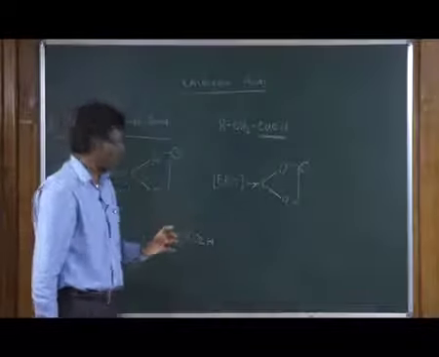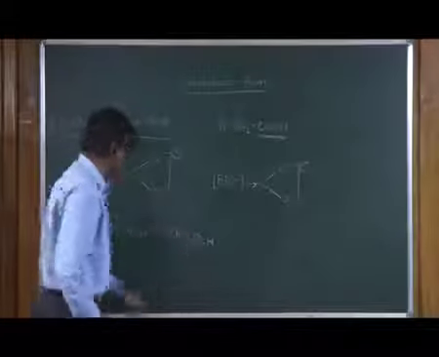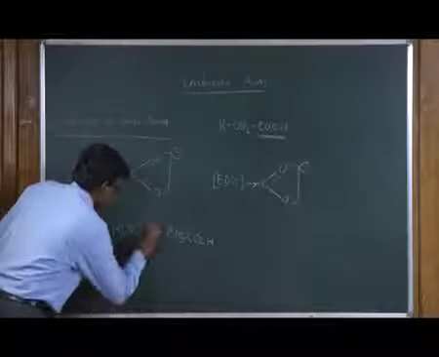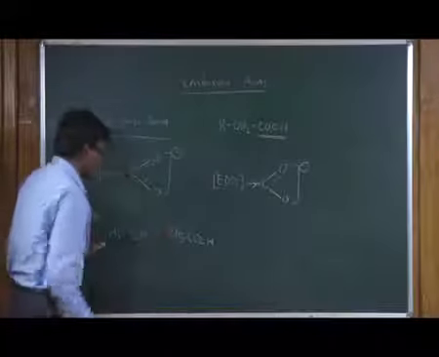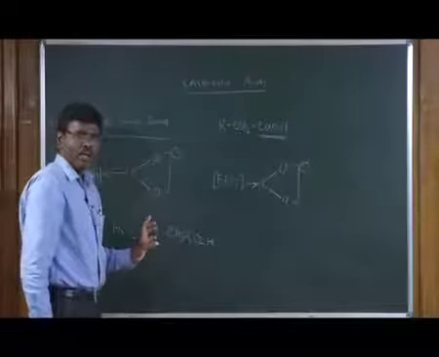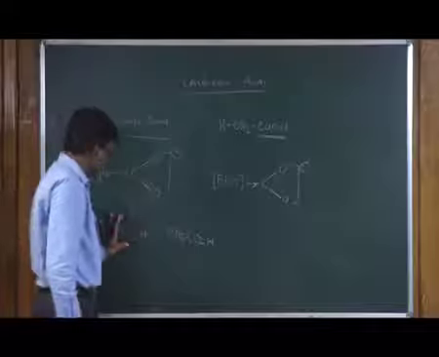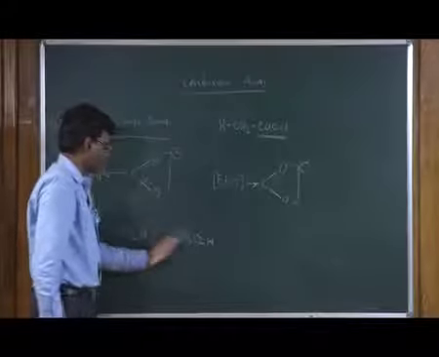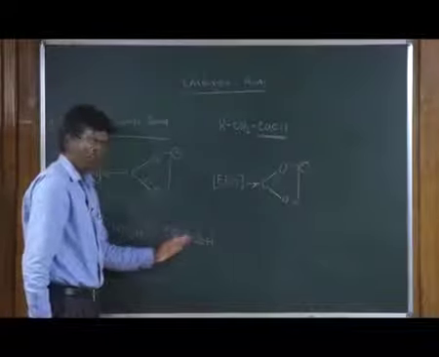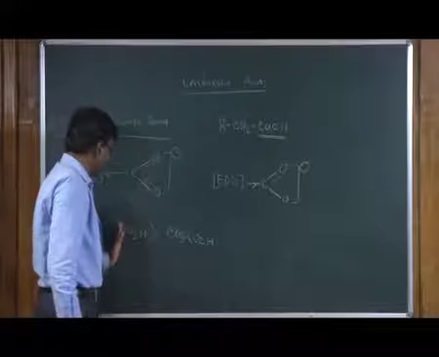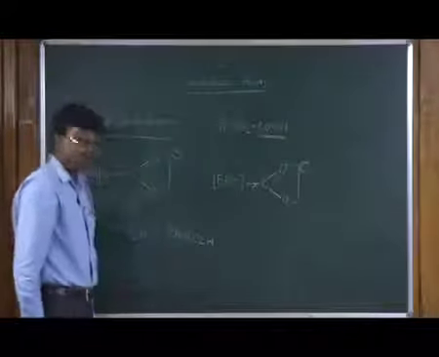It can give electrons to the carboxylate. So this one is more acidic compared to this, if you look at the acidity constant. When you introduce an electron donating group, the acidity of the carboxylic acid is decreased.